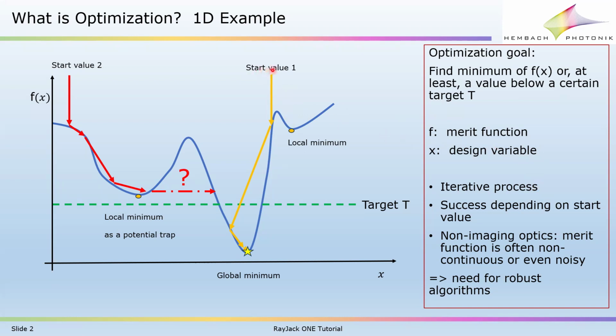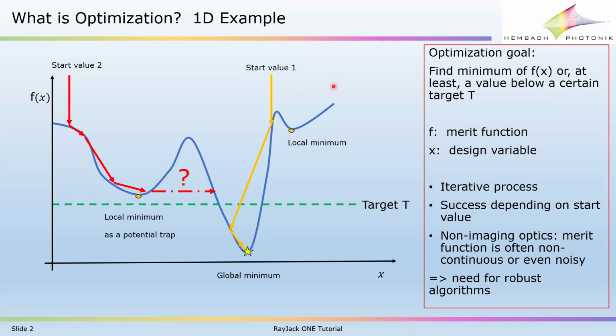Let's start here. When I go simply downhill, it's obvious that at some time I will even reach the global minimum. Whereas when I use this value, it can be that the algorithm gets trapped in a local minimum, so that I have to start again with a new start value.